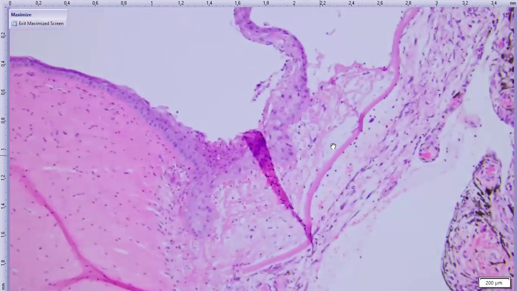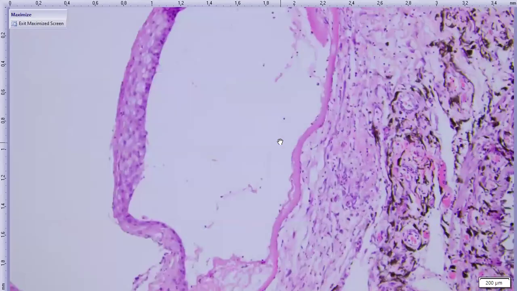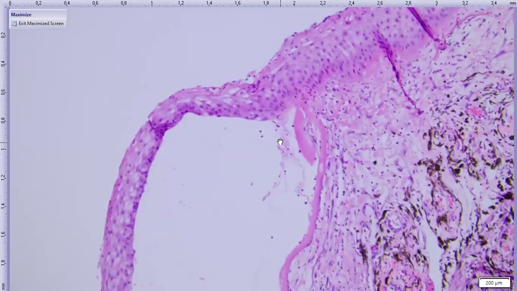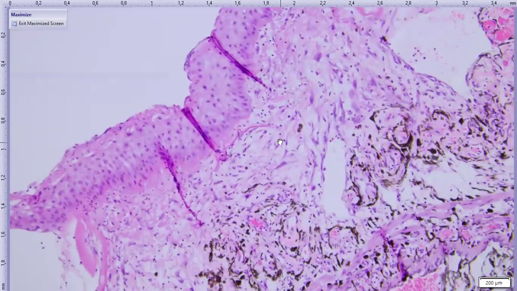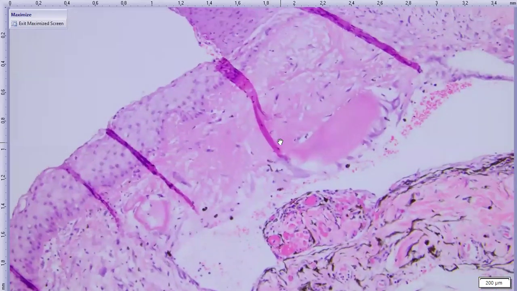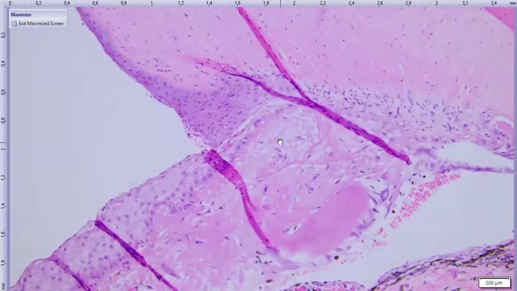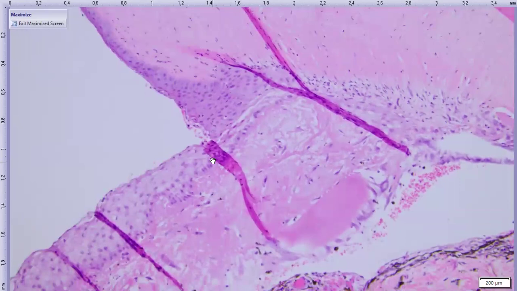And we can see lots of fibrin in here. And we can see that our corneal epithelium is hyperplastic and is growing over our fibrin. And in this section, I believe it actually went all the way across, so it's kind of re-epithelialized over the defect here.